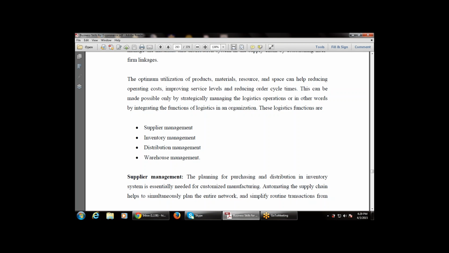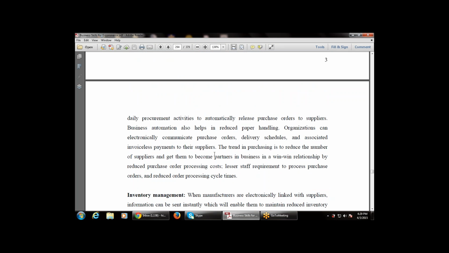Automating the supply chain helps to simultaneously plan the entire work. Whenever there is an automated system, it can help the entire network and simplify routine transactions from the daily activity to automatically release orders to suppliers. So there will be proper planning and proper recruitment that must be taken care of in supplier management.